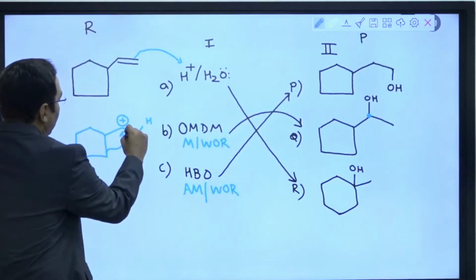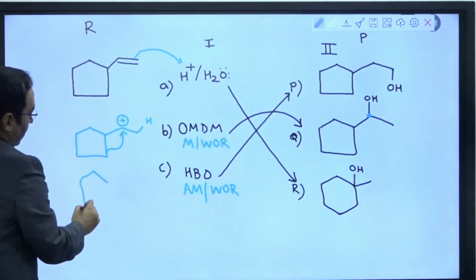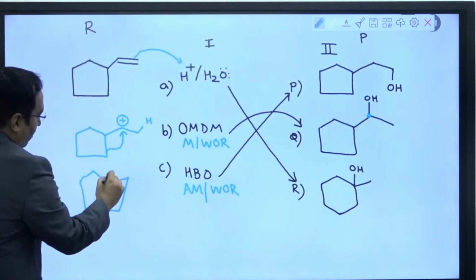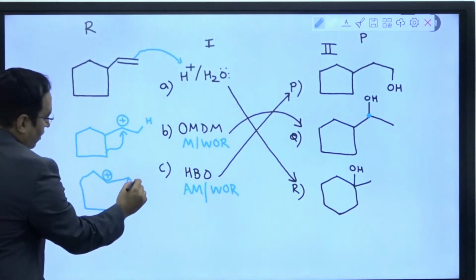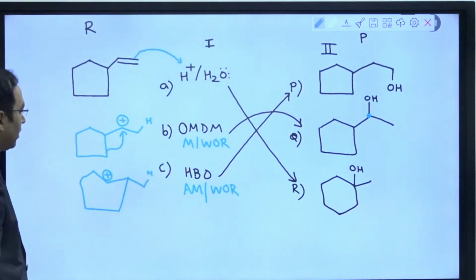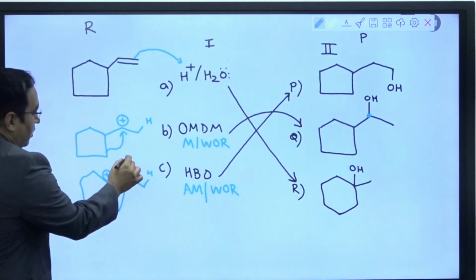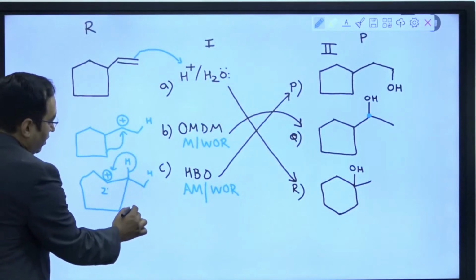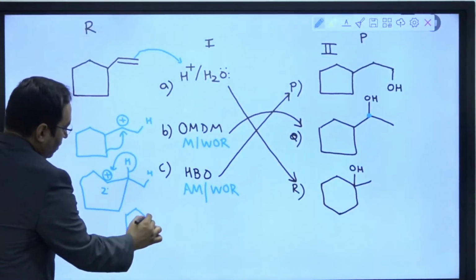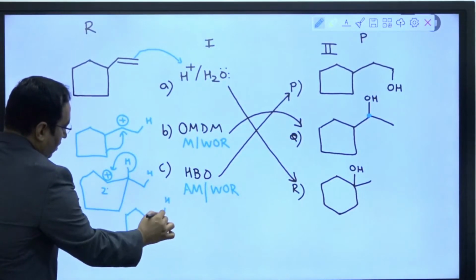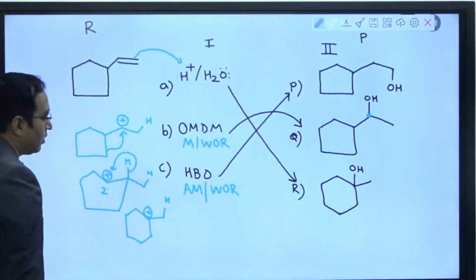It's a 5-membered ring having a plus next to it. Ring will expand. Plus charge will be here. यहाँ पे H लगा हुआ है ऐसे. Okay. Then this is a 2-degree position. You have another H. You can send it here. You can make a 3-degree position like this. Plus charge here.